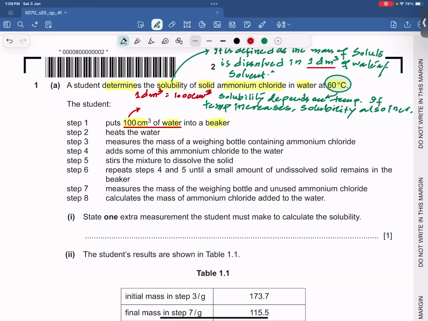So when we have 100 cm cube, the volume is going to be 0.1 dm cube.